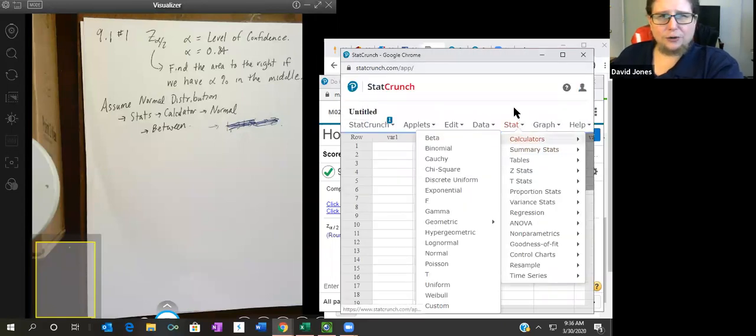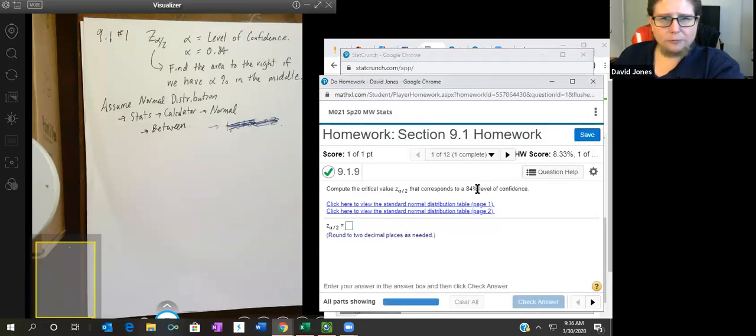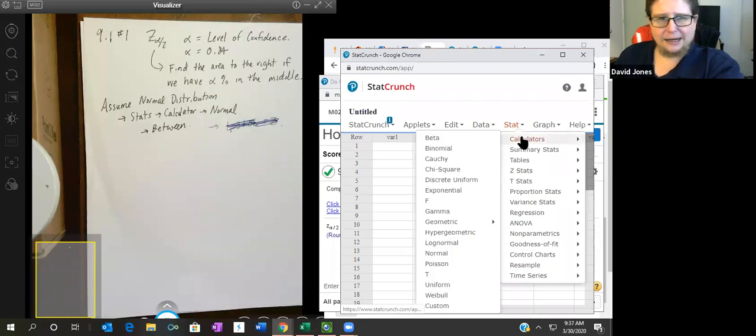What we want to do, it's asking us to do the area to the right if we have alpha percent in the middle. So my problem is saying 84% in the middle. I'm going to come over to StatCrunch, and I'm going to assume a normal distribution. I'm going to do stats, calculators, normal.